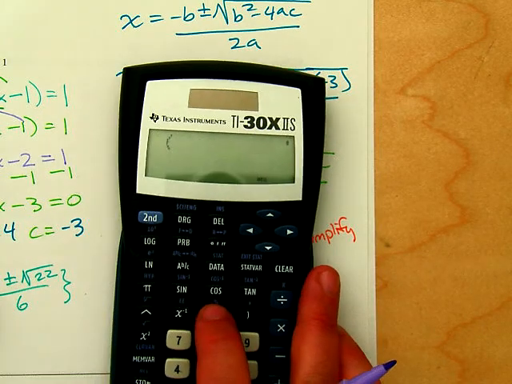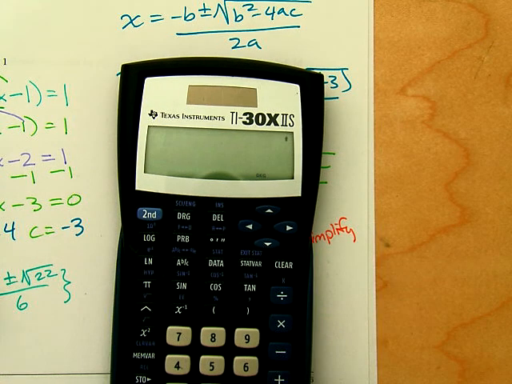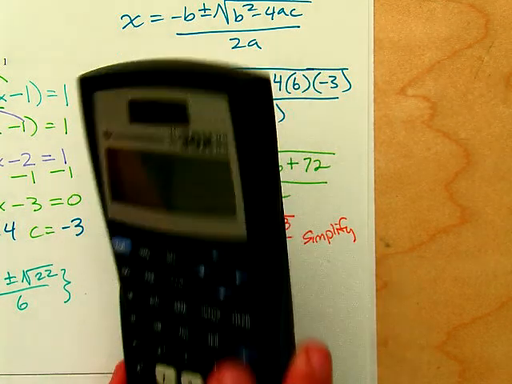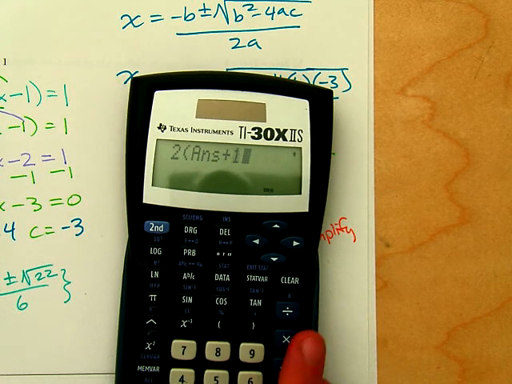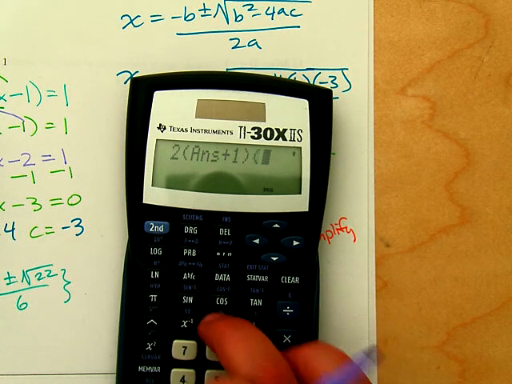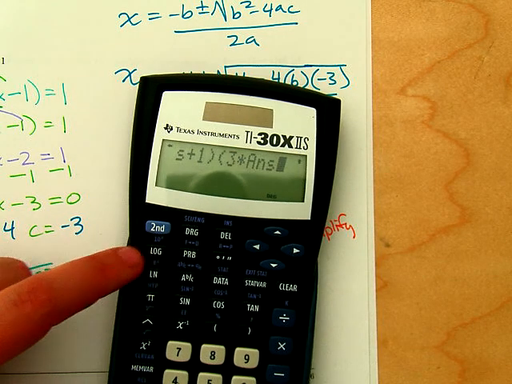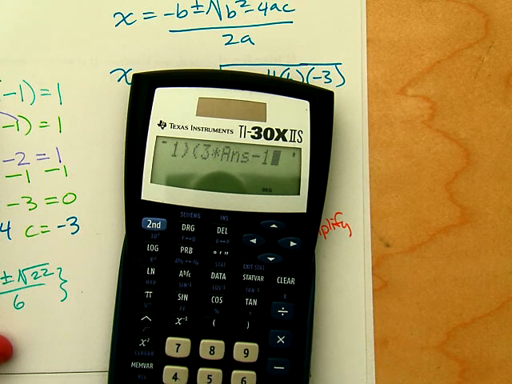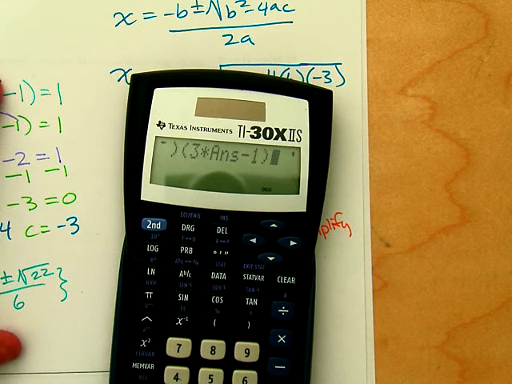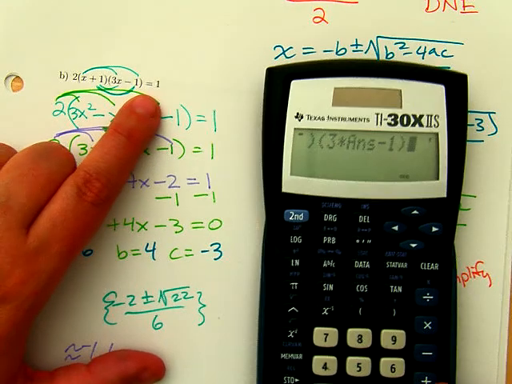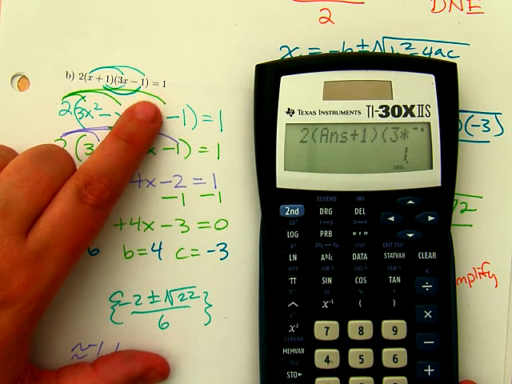So now I'm going to plug it in. 2 times second answer, that's taking the last answer, plus 1, times 3 times second answer, minus 1. And when I push enter, what number do you expect to get here? 1.